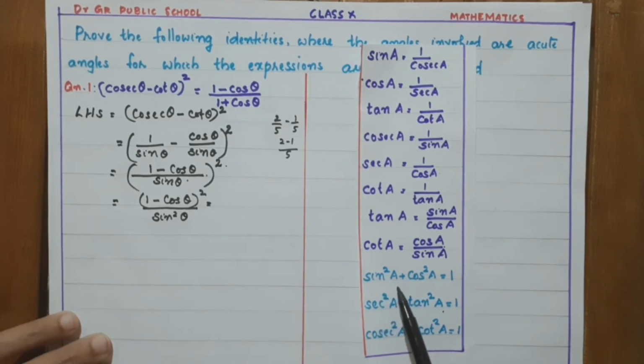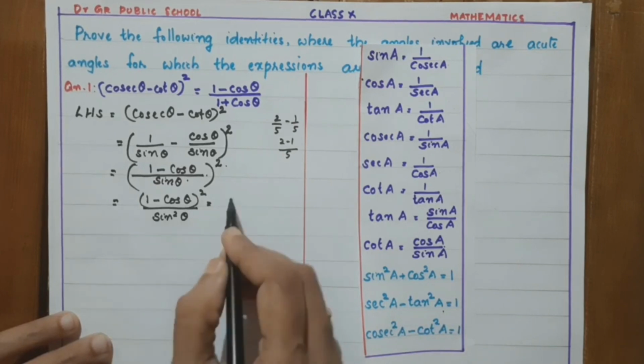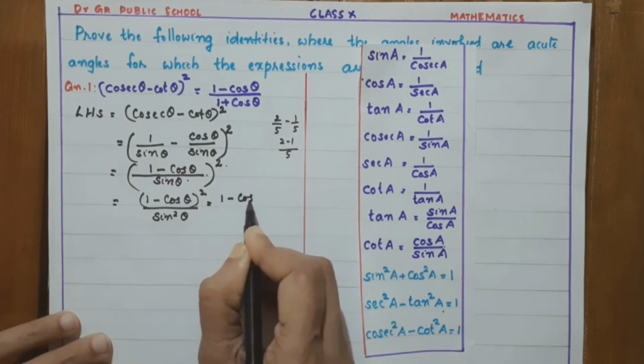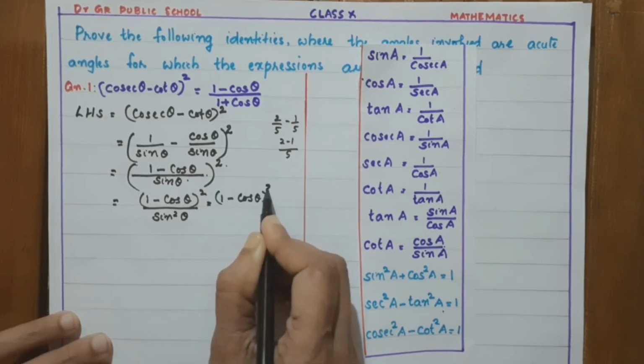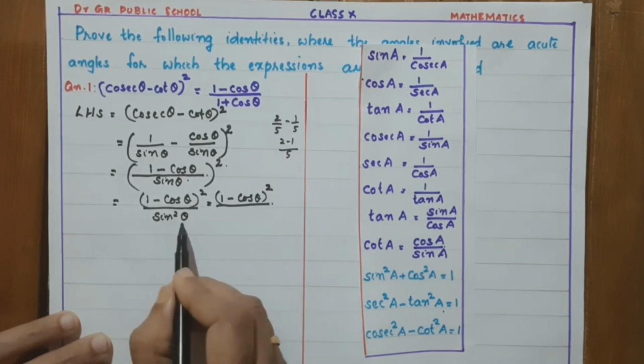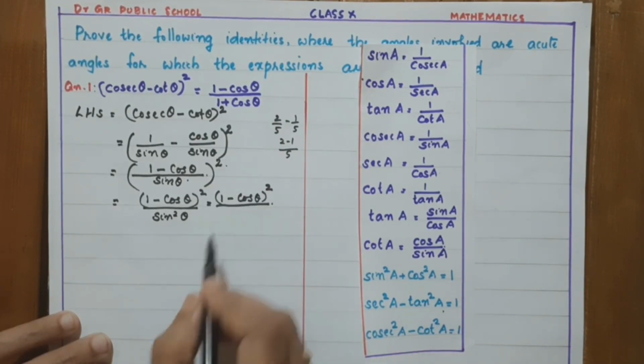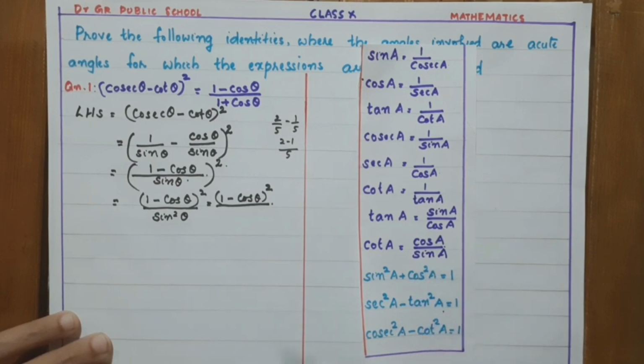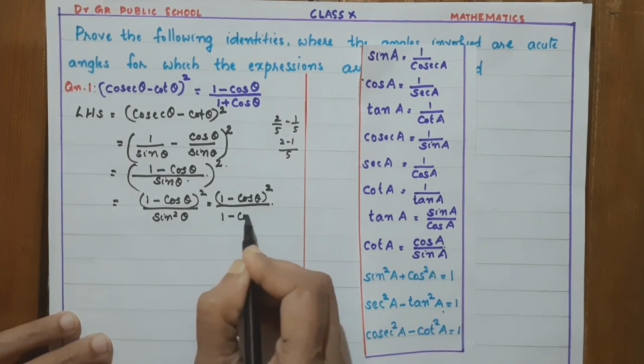See, sin square A is equal to 1 minus cos square A, isn't it? That we can apply here. So 1 minus cos theta the whole square by sin square theta can be written as 1 minus cos square theta.